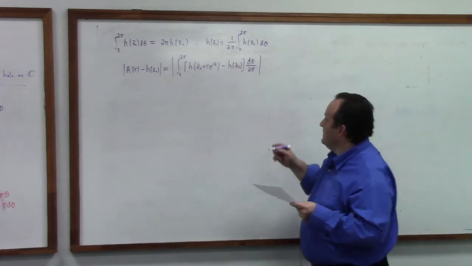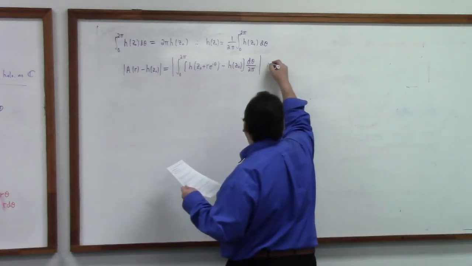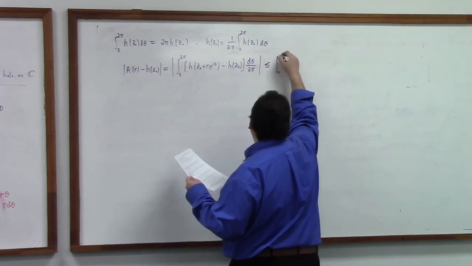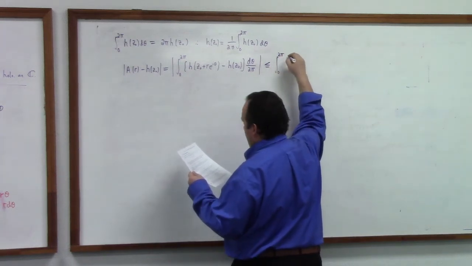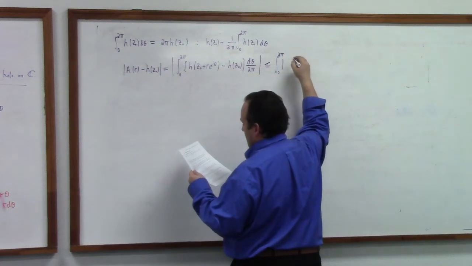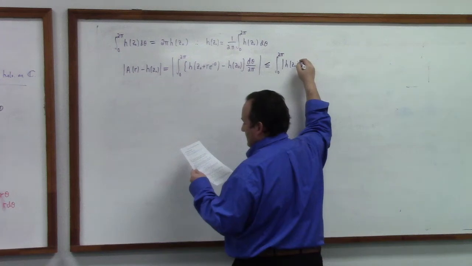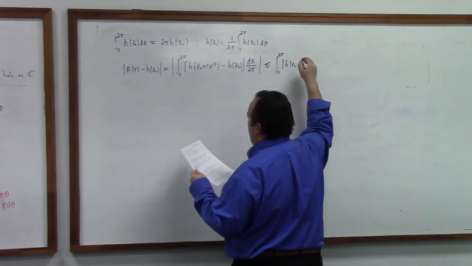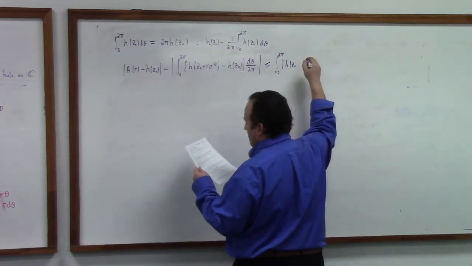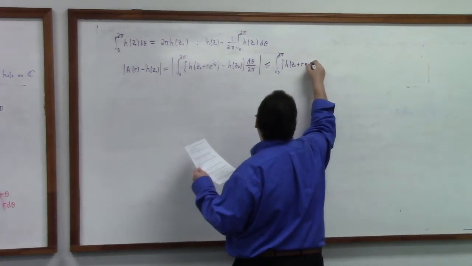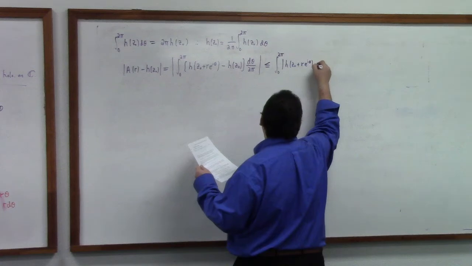But then this is less than or equal to the integral from 0 to 2 pi of the modulus of h of z naught. Oh, excuse me, I say modulus, but I should say absolute value. Here we assumed h was real valued. I may not have said it.